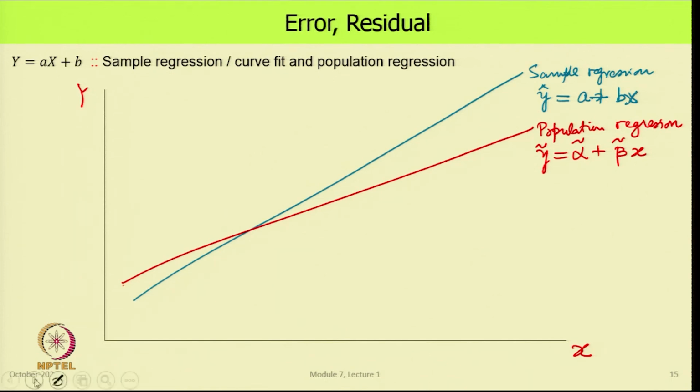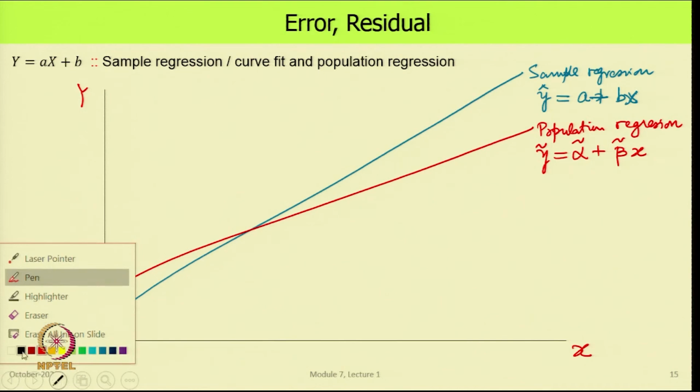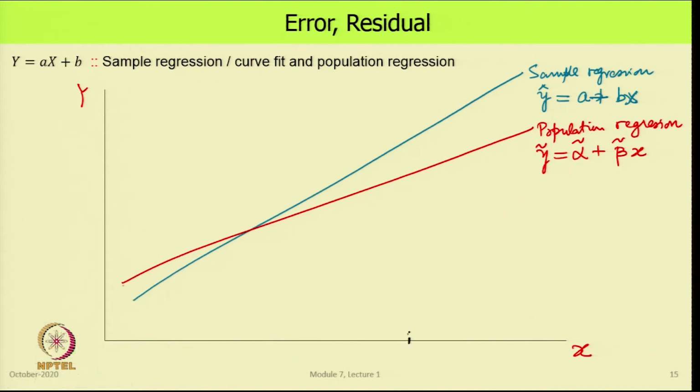And if we take any value of x, say here, then we get 2 points, one from the population regression, and this is what we call the corresponding y tilde, and this we call it as y hat. But our data point could have been somewhere there.